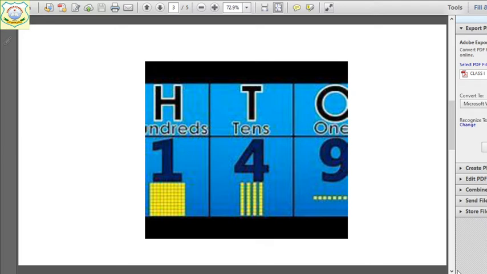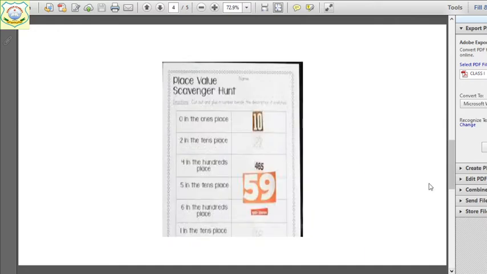So what is the place value of 9? 9. 4 is in tens place. So what is the place value of 4? 4 tens or 40. 1 is in hundreds place. So what is the place value of 1? 100.